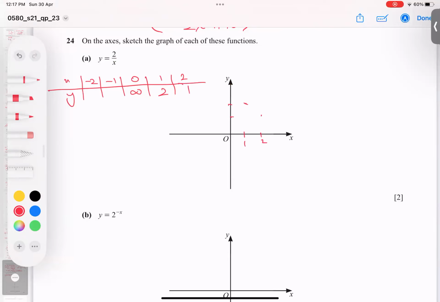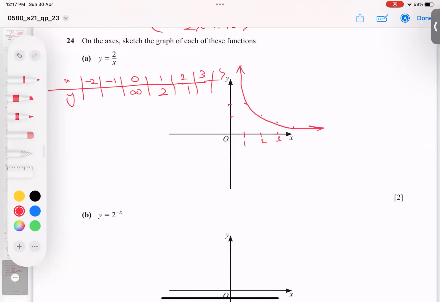Just for the sake of understanding, try 1 more value, 2 by 3. If you put 3, you get a small value. Just type in the calculator, even 4. I'm not showing this; there is no need to show it in the exam. When you plug in 4 in the place of x, this value becomes close to this one. So the graph is coming gradually like that.